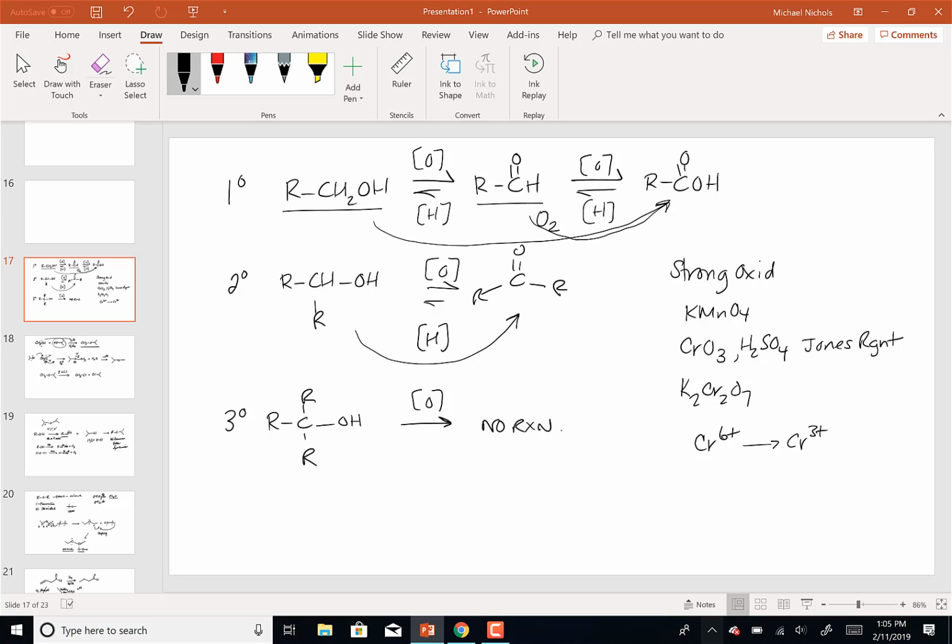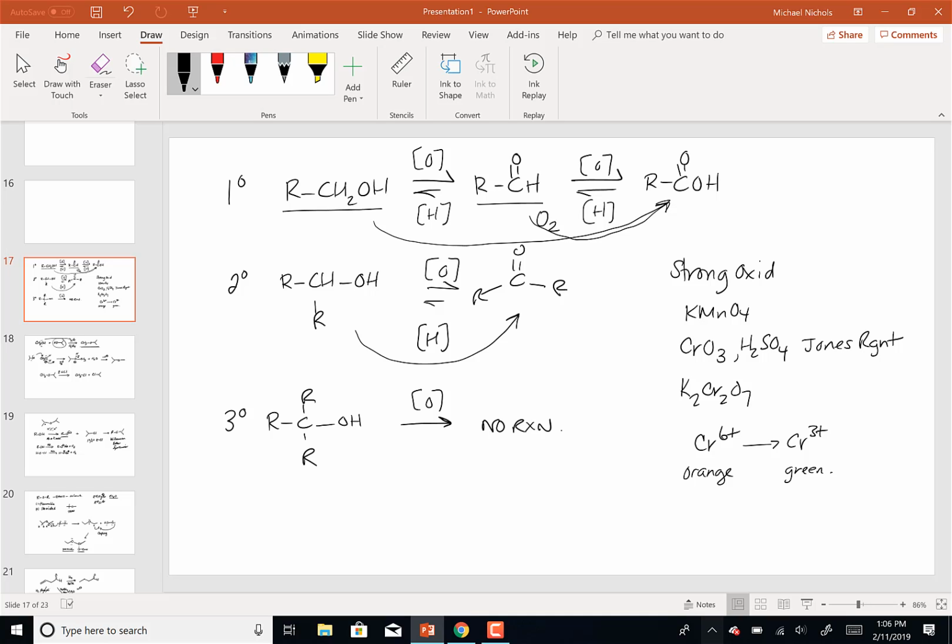Sometimes we can use this as a color test. So chromium 6 is orange in color, and chromium 3 is actually green. And if you went back and looked at that movie, they show these ponds, these green ponds of the chromium 3. But environmentally, everybody's concerned about all chromium except chromium 3.